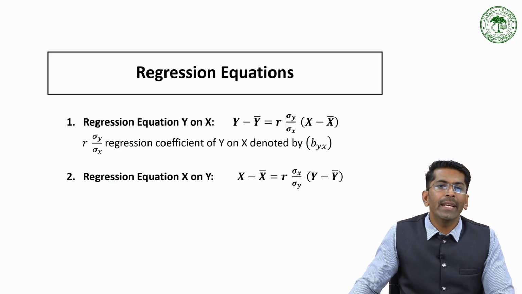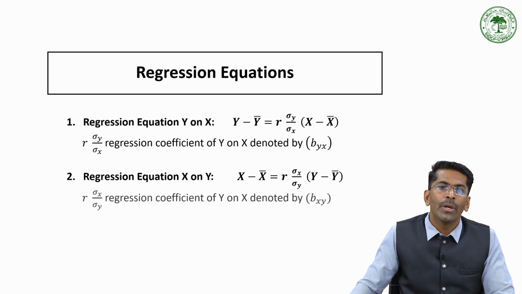Similarly, we have the second regression equation, the regression equation x on y. It is framed using the formula x minus x bar equals the correlation coefficient into the standard deviation of x divided by the standard deviation of y, into y minus y bar.